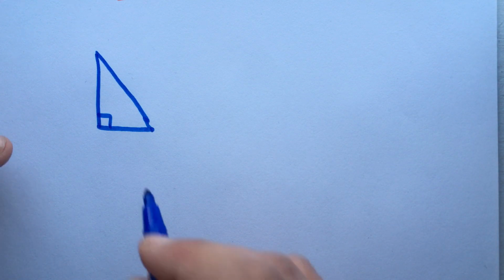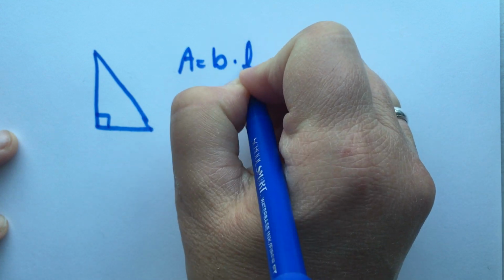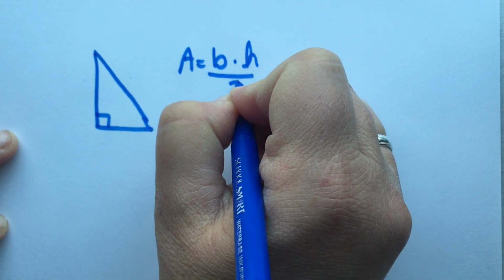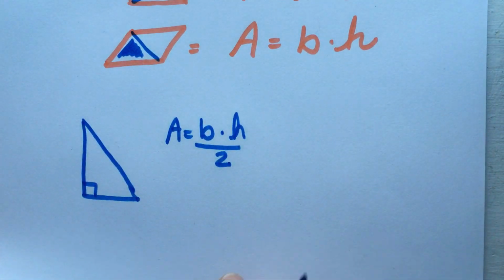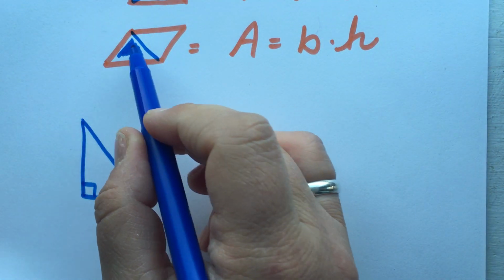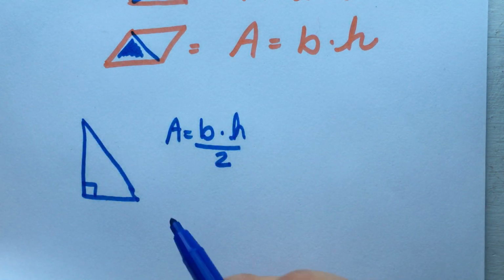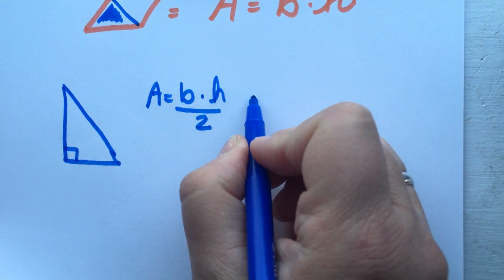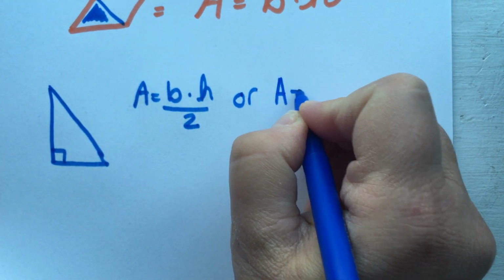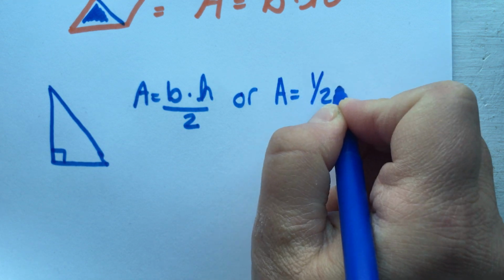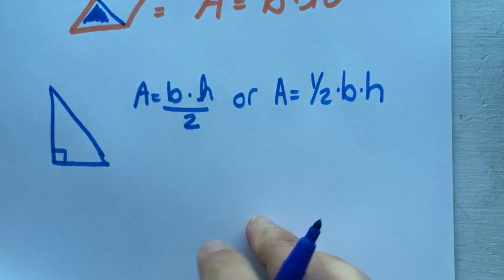You could either say that it is area equals the base times the height divided by 2, because again, if I wanted to take a parallelogram and cut it in half, and I wanted to just find half of it, I would take the base times the height, and I would just divide it by 2 because I'm finding half of it. Or you will see this one much more commonly, area equals 1/2 times the base times the height.